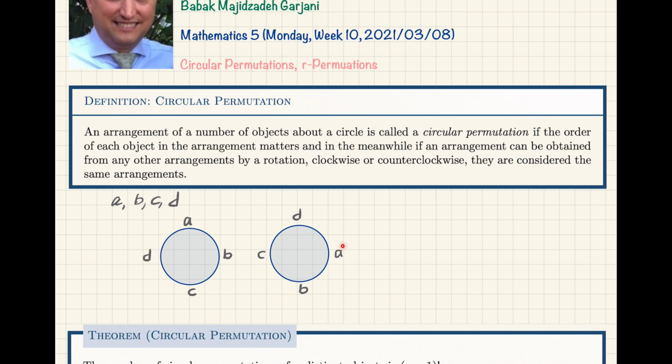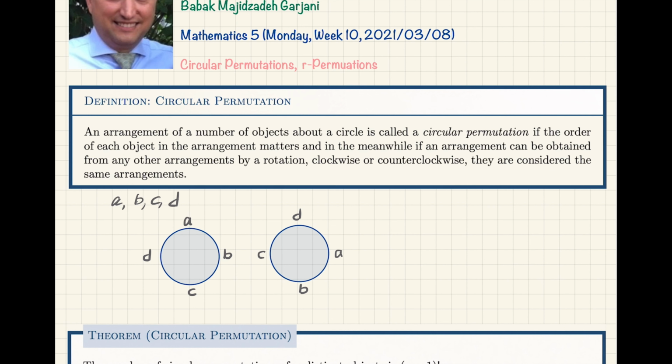Now if you go to this situation, the neighbors of A are still B and D, but D is now on the right hand side of A. So even though these two are recognizable from each other, one of them is obtained from the other by a 90-degree rotation clockwise.